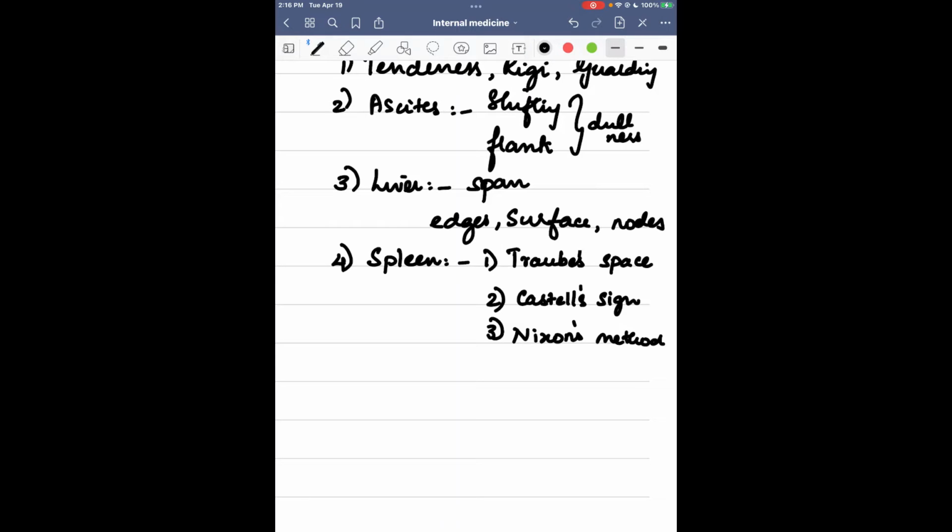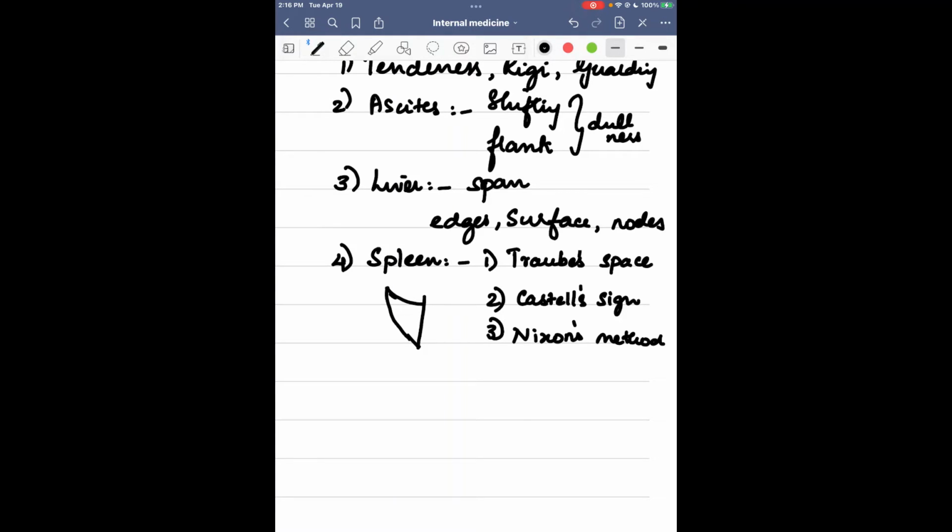Traube's space is like a crescent or triangular shape, not semicircular. It is bounded by the base of the sixth rib, the left costal margin, and the anterior mid axillary line.